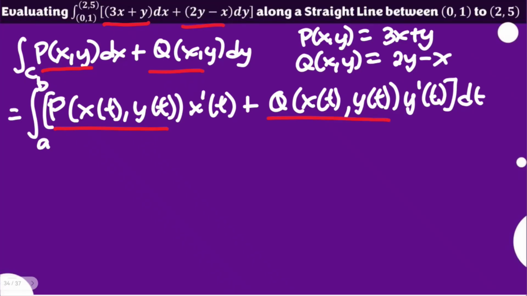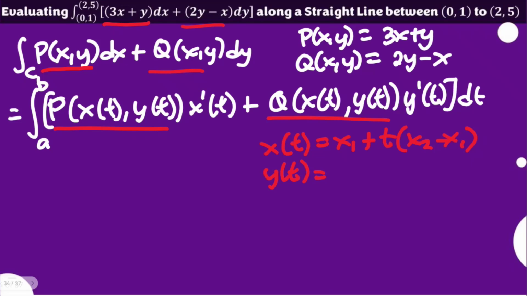Speaking of parameterization, for our x(t) and y(t), we need to look at the process of parameterization on the straight line path. And let's not forget that for a straight line path, your x(t) is actually x sub 1 plus t times the difference of your x sub 2 and x sub 1.